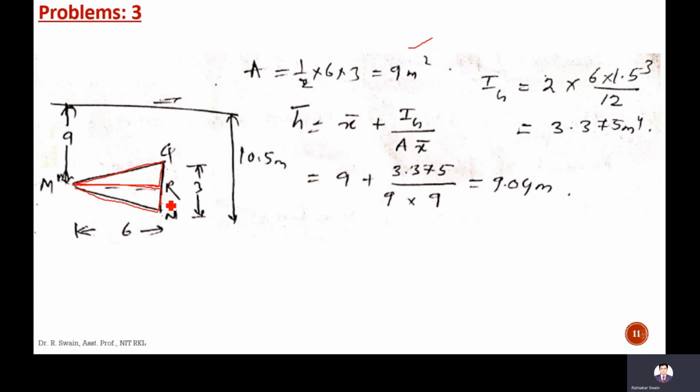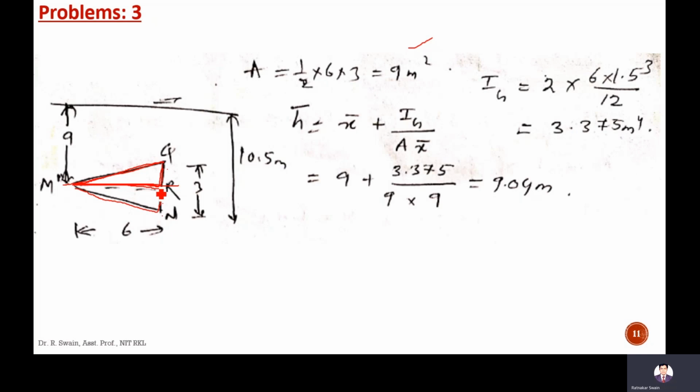So if you take twice the moment of inertia of one triangle, the moment of inertia of one triangle about this base will be BH cube by 12. About the base. So for one triangle only, BH cube by 12 is your moment of inertia.